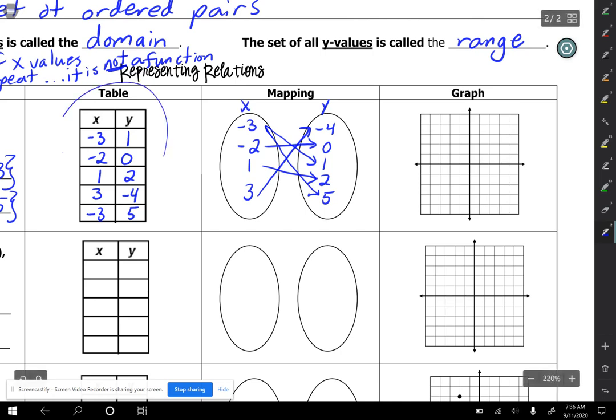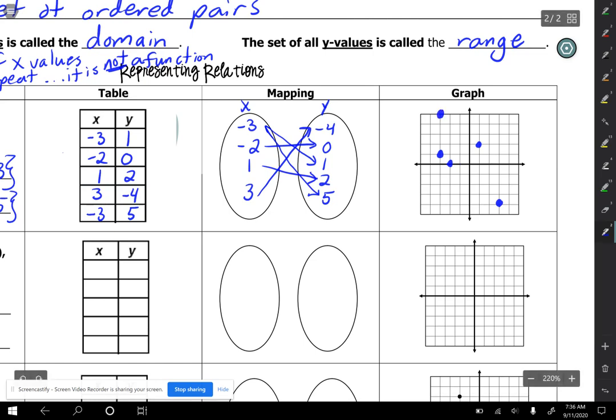Okay, so for this graph, I like to just use the table because I like things to be more organized. So I'm going to plot each of these points. So -3, 1, so there's a point. -2, 0, 1, 2, 3, -4, and -3, 5.